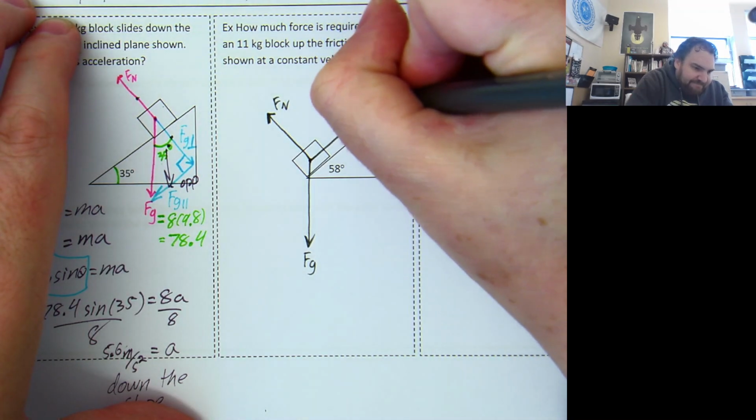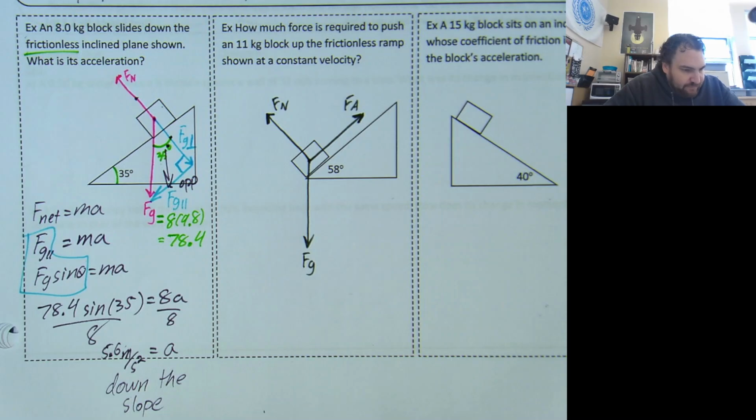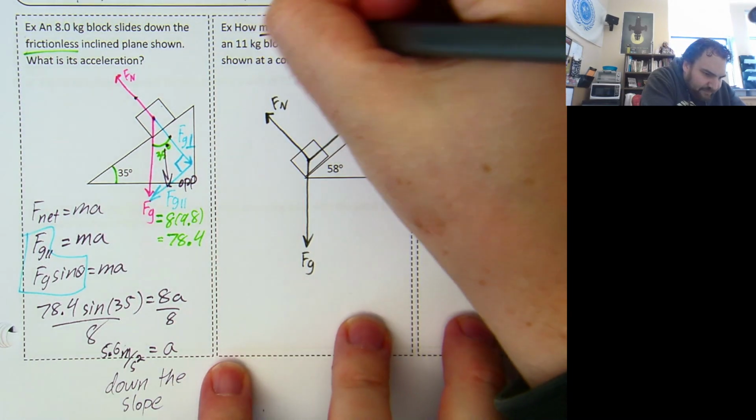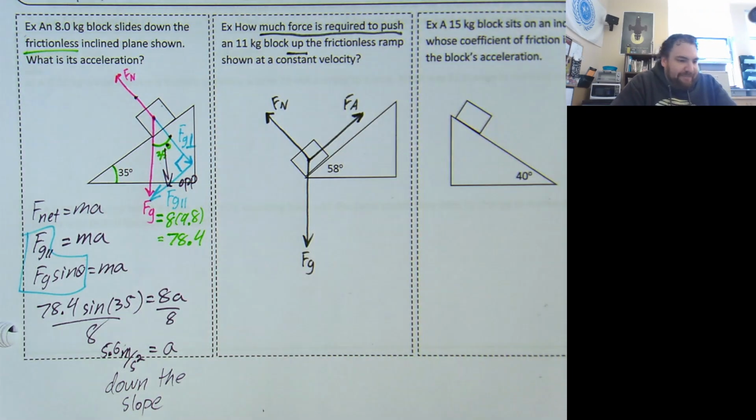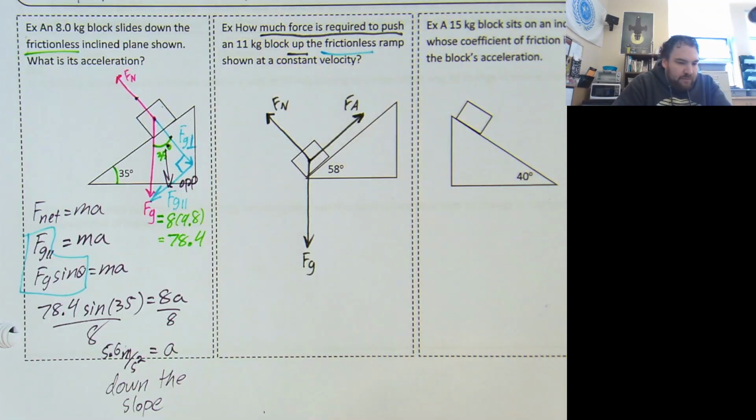Where did that come from, Emma? Yep. How much force is required to push an 11 kilogram block up the incline? So there it is. Those are all of the forces. It's frictionless again. It won't always be, but it is now.